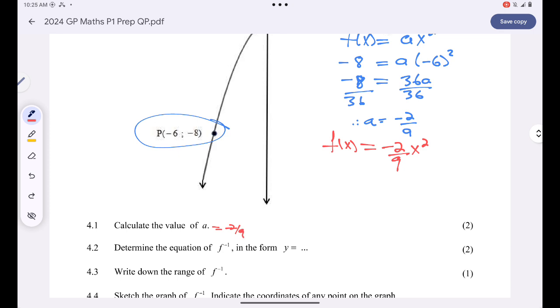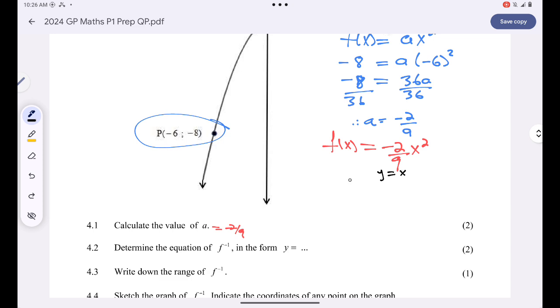Second question, they want us to determine the equation of the inverse of f in the form of y. How can we find the inverse of x? I know that for me to find an inverse of any graph, I must just reflect my graph on the line y is equal to x.